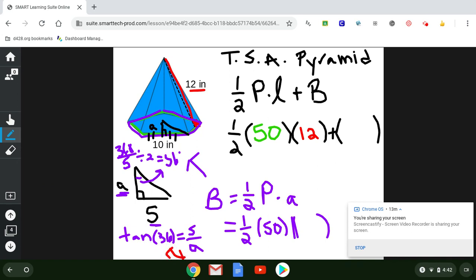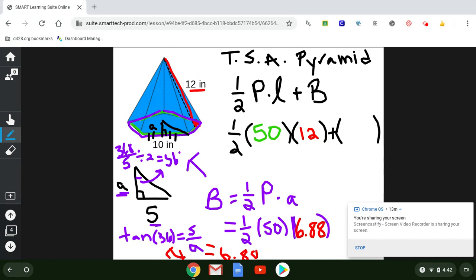So on my calculator, I'm typing in 5 divided by tangent of 36. And I get 6.88. So my apothem is 6.88.